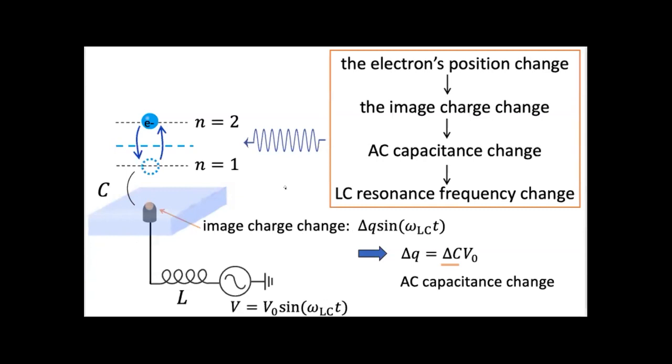This image charge change can be written with this expression, delta Q times sine omega_LC t. As you know, the charge is equal to the capacitance times voltage, so this delta Q is equal to delta C times V0 here. This delta C is an AC capacitance change. So by measuring this AC capacitance change, we can detect the Rydberg transition.